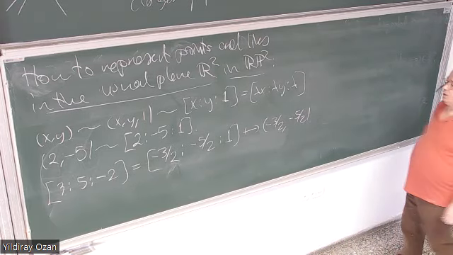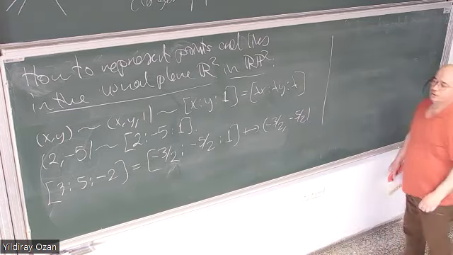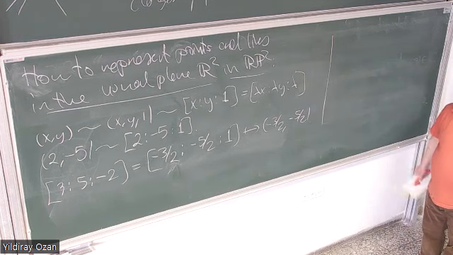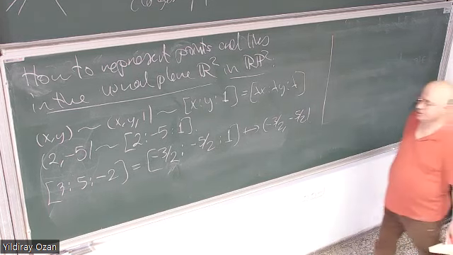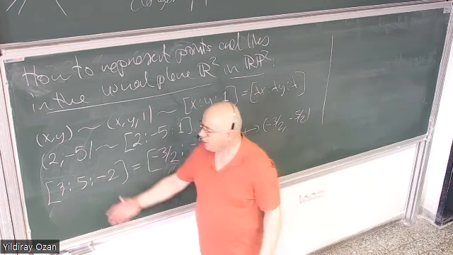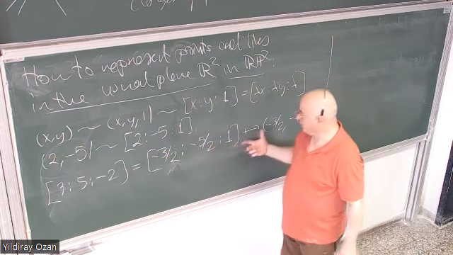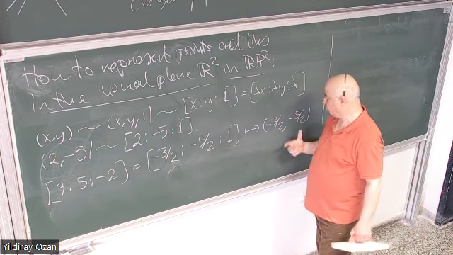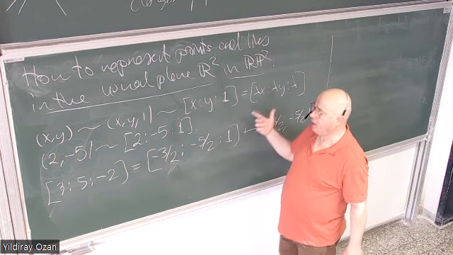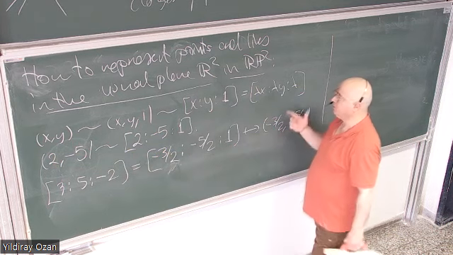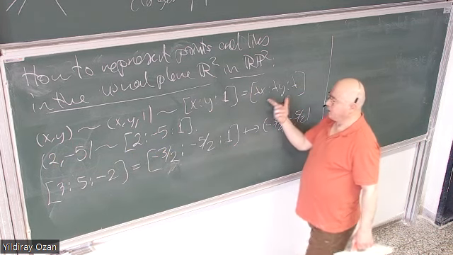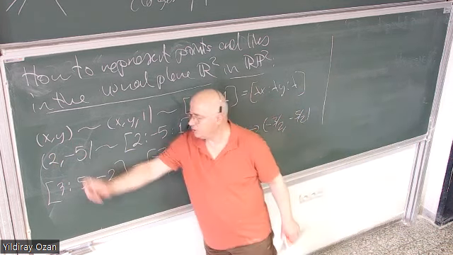Tamam mı? Peki line'a nasıl, noktaları bu şekilde yaptım. So I can identify any point in the usual plane with a point in the projective space this way, and similarly a point like this corresponds to this point.